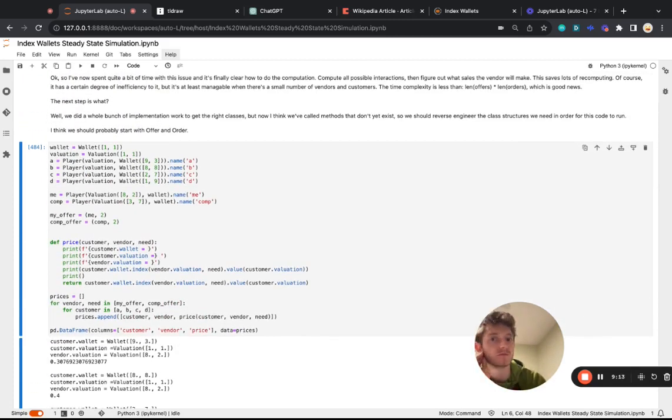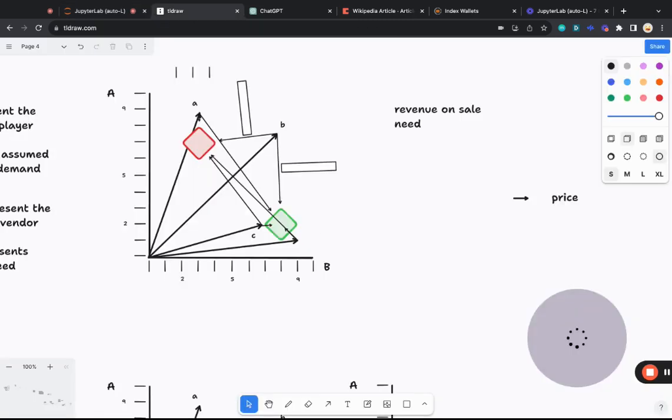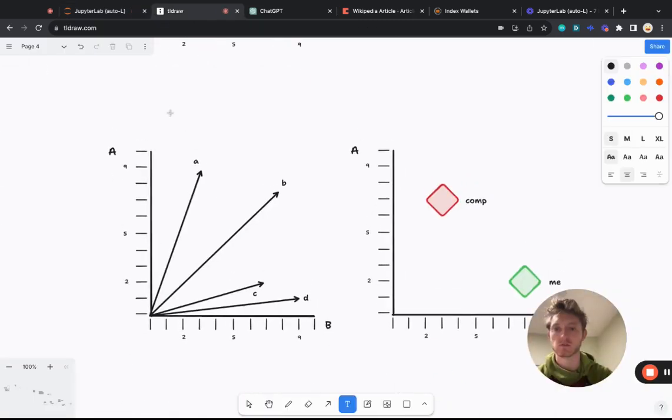So this is wallet space, and this is valuation space.